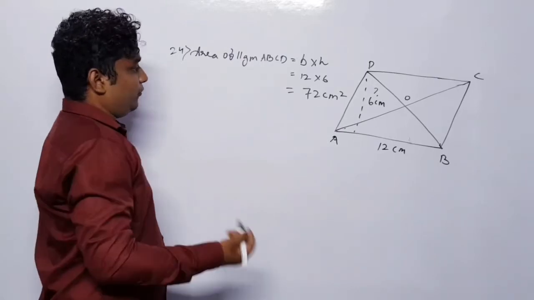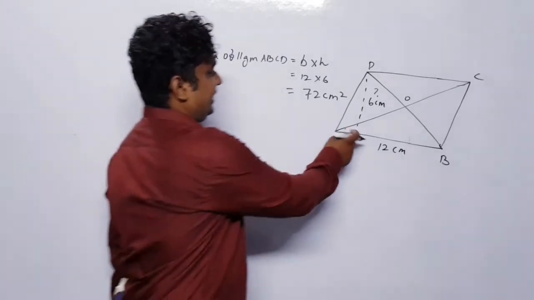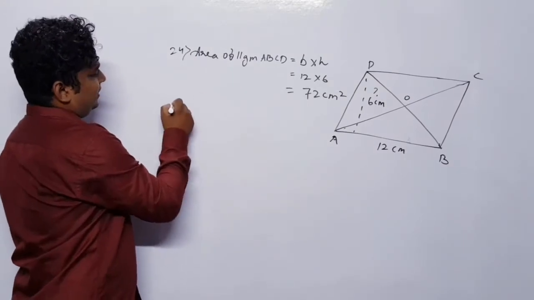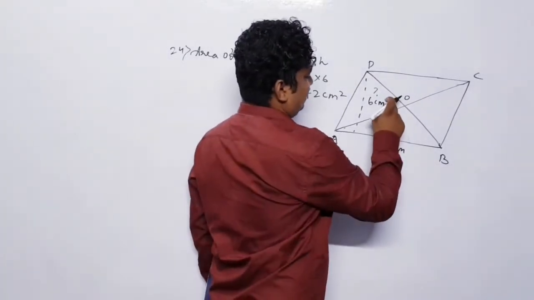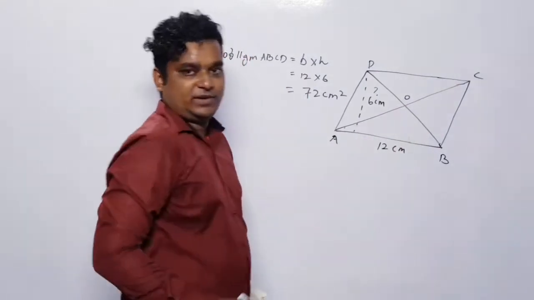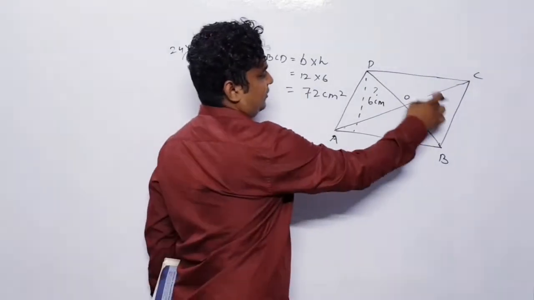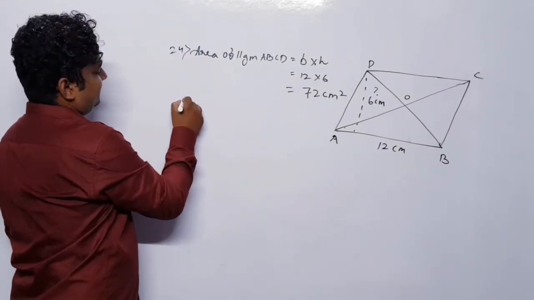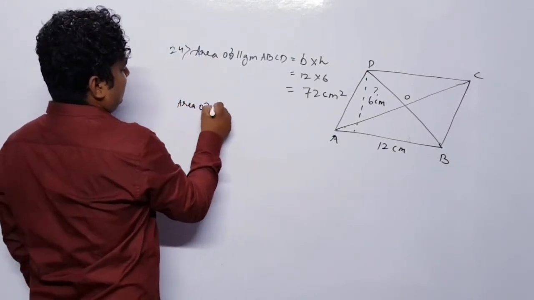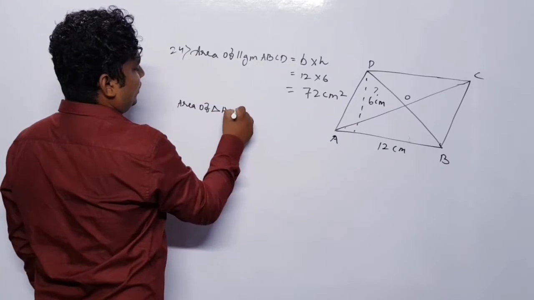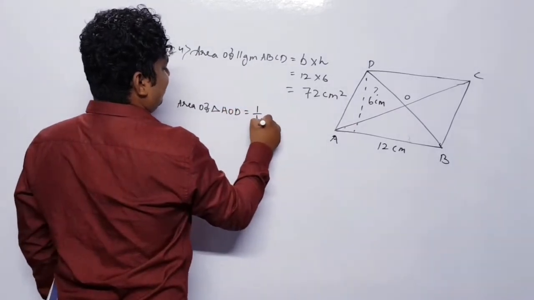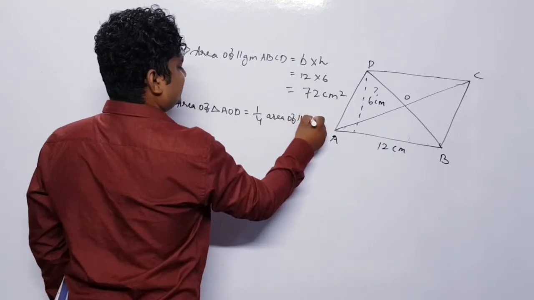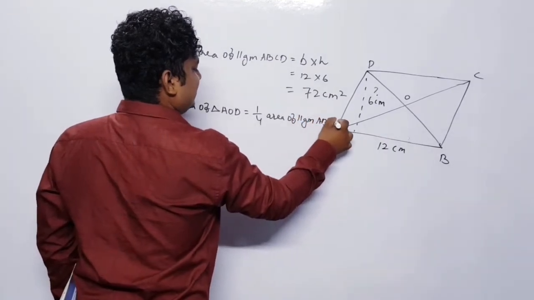Now we need to find that AOD. We can tell that this particular triangle is 1/4 the area of this parallelogram. All the triangles are of equal area. So we write that area of triangle AOD equals 1/4 area of parallelogram ABCD.